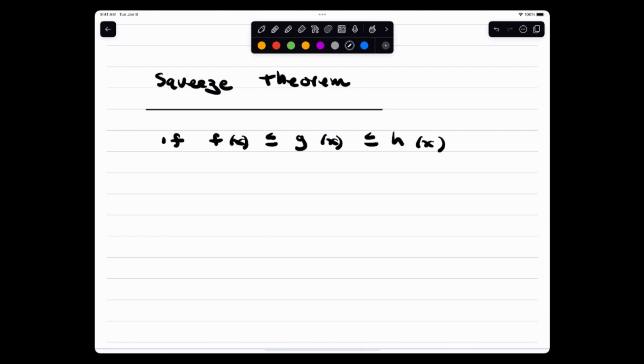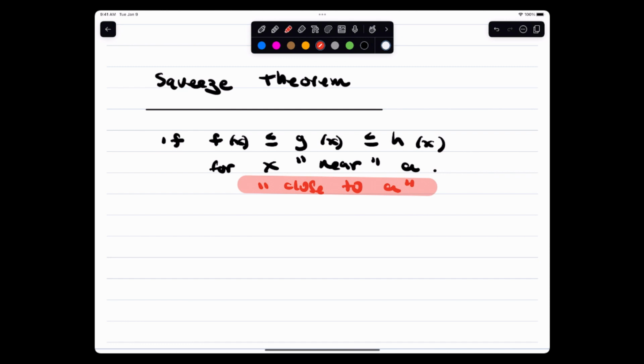So you're going to have this criteria for x near a, which is also called, quote unquote, close to a.